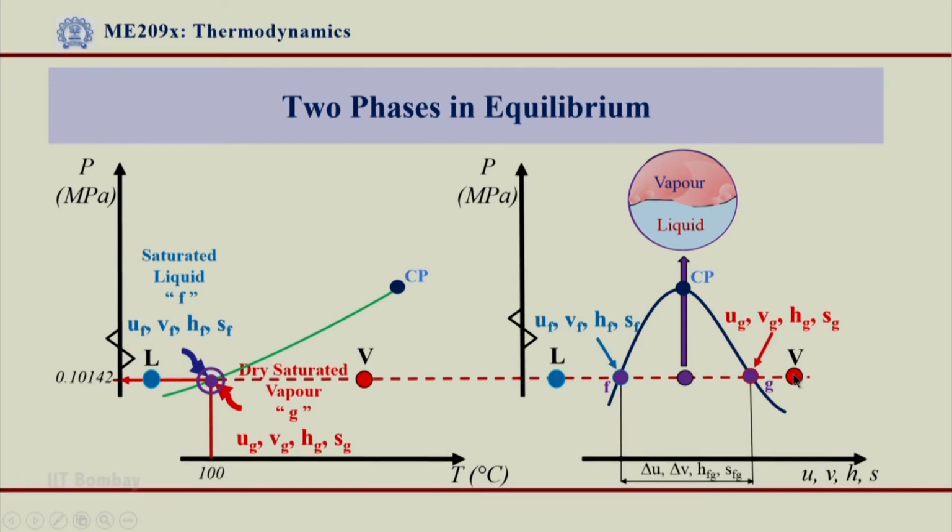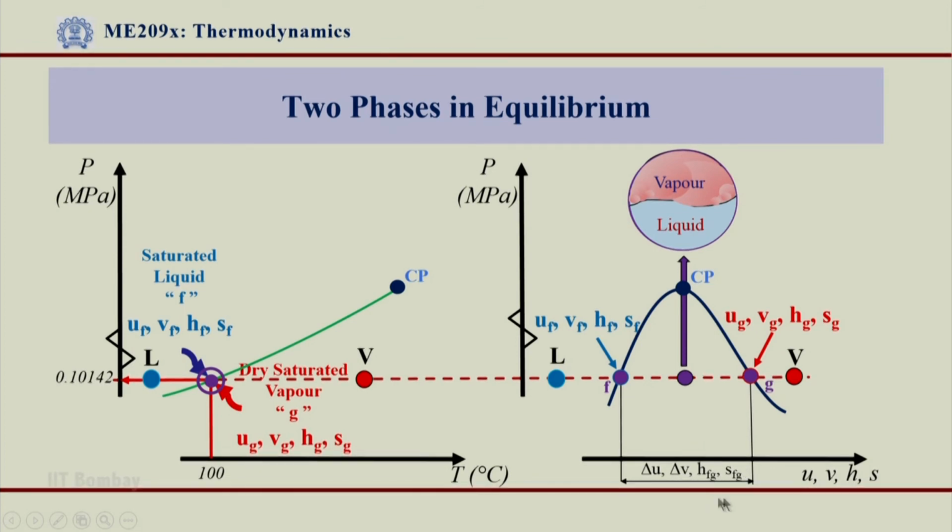What is important to note also is the difference between UG and UF, VG and VF, HG and HF, and SG and SF. The difference between HG and HF is nothing but HFG, which is given over here, and these two values, HFG and SFG, are given in the steam table directly.